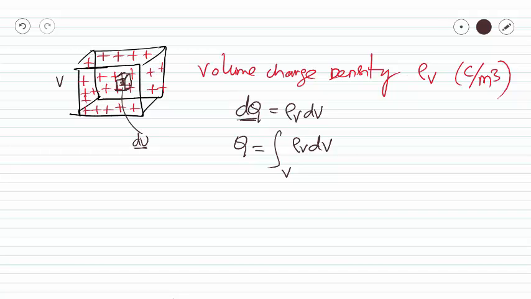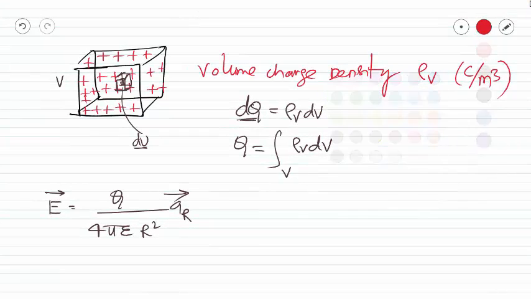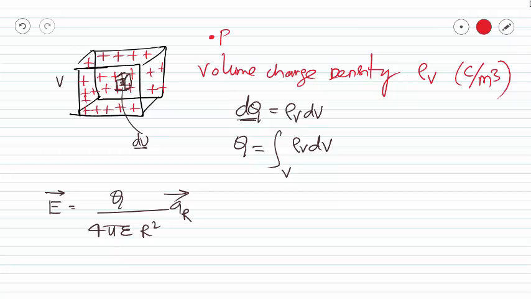Now we will use this result to find out the electric field intensity at a point due to this volume charge distribution. Okay, so for a point charge, E bar is given by Q by 4 pi epsilon R square AR bar. So first of all, we will write down the point of interest. Let us say this is the point P where we would like to find out the electric field intensity. So I would like to find out electric field intensity at this point due to the volume charge distribution.